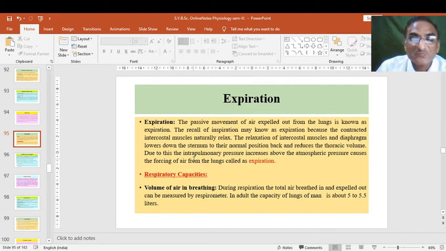During respiration, the total air breathed in and expelled out can be measured by the respirometer. In an adult, the capacity of the lungs is about 5 to 5.5 liters, not more than this, though it may be less, because the optimum limit is up to 5.5 liters of air.